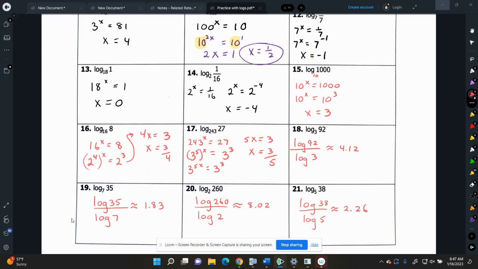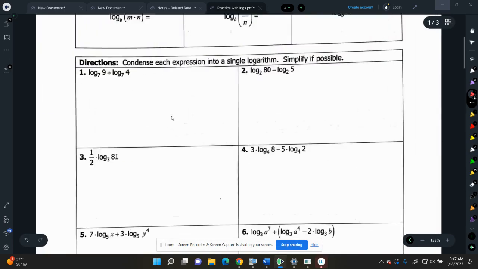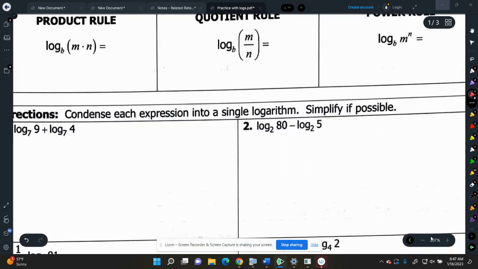Okay, let's move on, because I expect the second one is one you had more trouble with. Filling in our rules here.